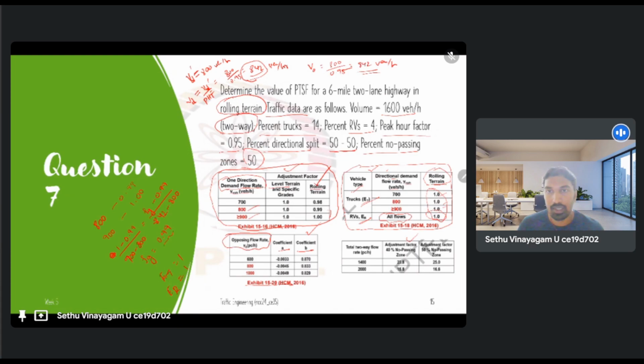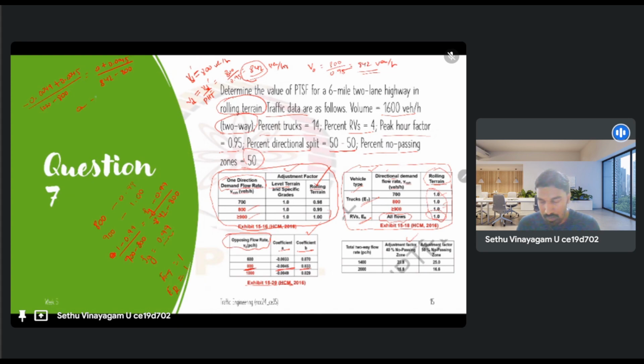So using that, we have to get the values of A and B. Again, as we see, 842 is not there in the table, so we have to interpolate between 800 and 1000. For A, it will be minus 0.0049 plus 0.0045 divided by 1000 minus 800, times 842 minus 800.